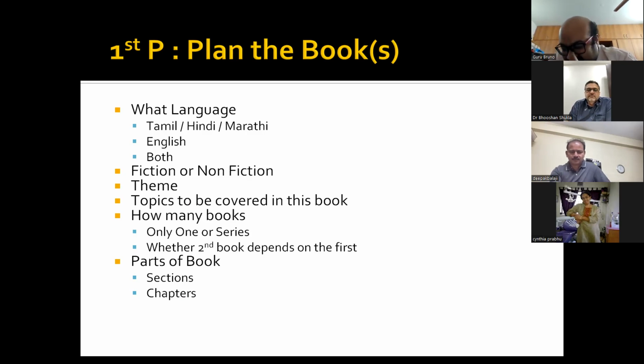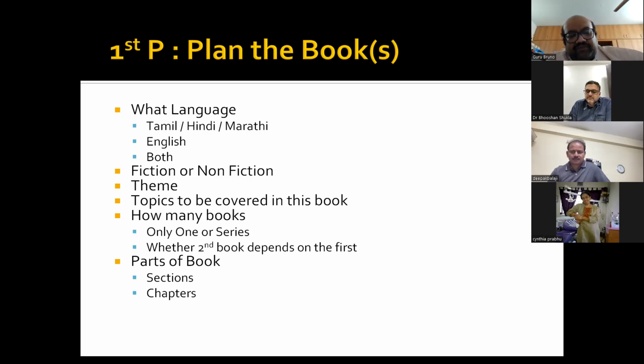If it is fiction, you can follow certain steps. If it is non-fiction, it has its own course. Then the theme of the book: what you want to convey, what the take-home message will be, what you expect the reader to do after reading your book, whether you want them to change their behavior, what you are actually expecting the reader to do.